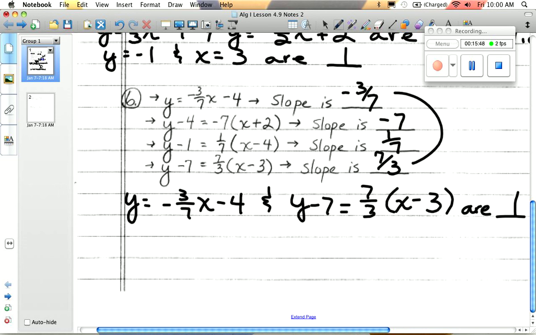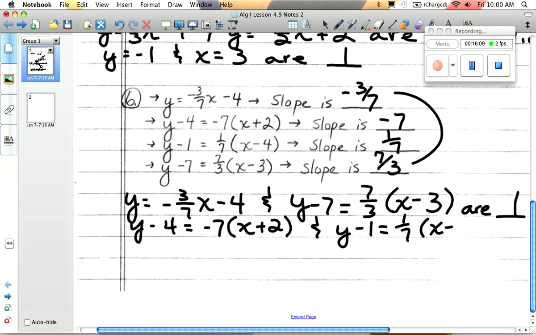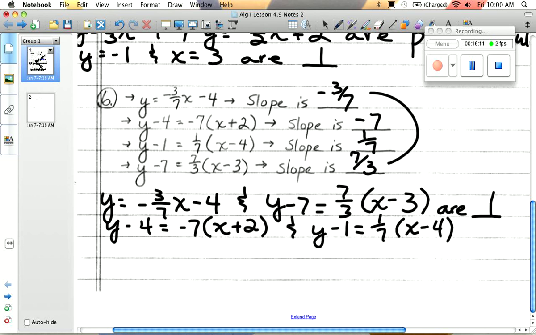One has to be rising from left to right, and one has to be falling from left to right. And then they also have to be reciprocals of each other. So we're going to say that y minus 4 equals -7 times (x plus 2), and y minus 1 equals 1/7 x minus 4 are perpendicular.